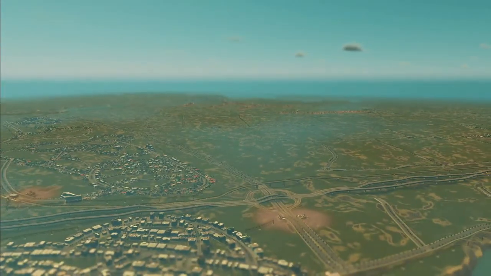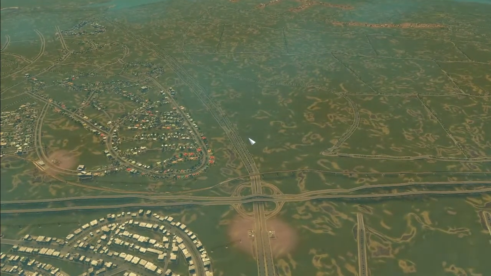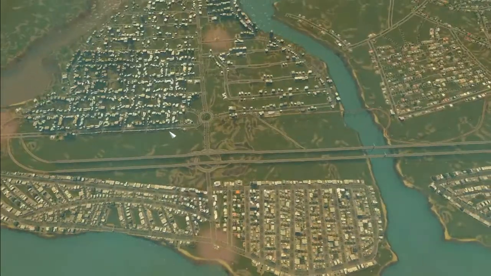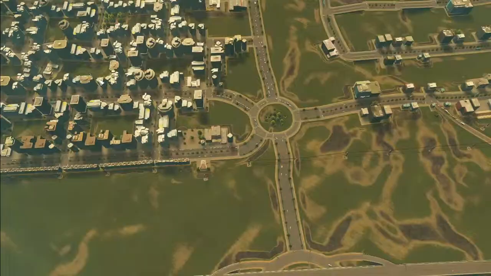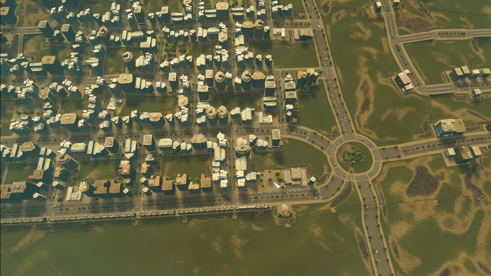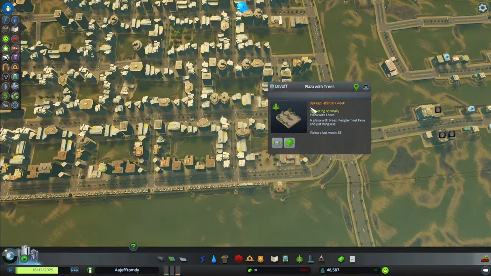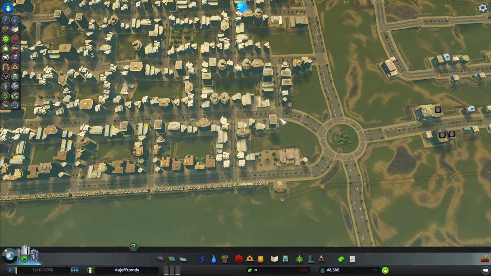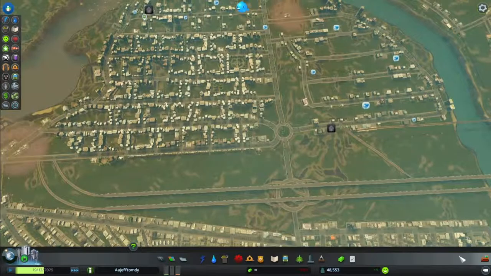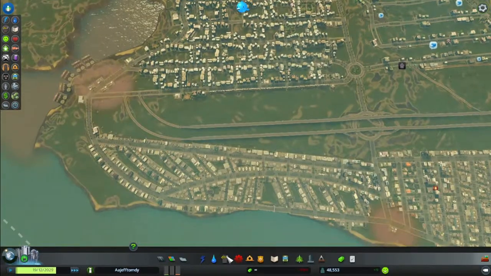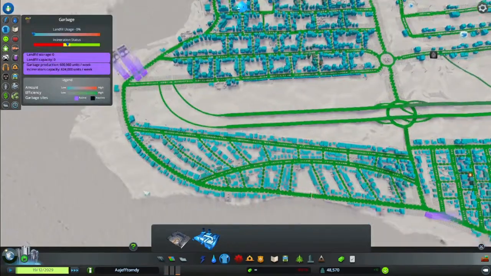And then for other features, we have a lot of little parks scattered throughout, especially in the urban area, as you can see right there, just in kind of well developed places that they would be used the most. We also have an incinerator for disposing of our trash.